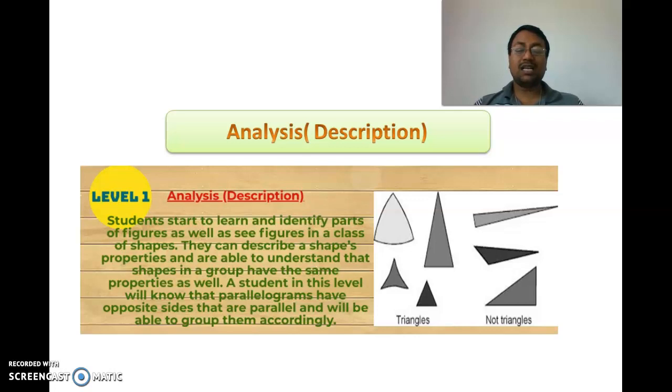A student in this level will know that parallelograms have opposite sides that are parallel and will be able to group them accordingly. That means in this level they can group objects categorized in the set of triangles or non-triangles, or parallelograms, this way.